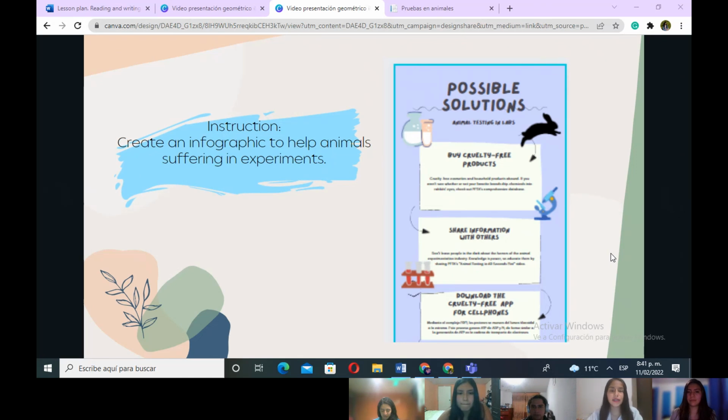Okay, so yes, here you have, guys. Now, in order to practice what you have learned today, you're going to create an infographic. In this infographic, you're going to give solutions or ideas to raise awareness in order to take care of animals that are used in laboratories to test cosmetics, or to help animals that are suffering in experiments.